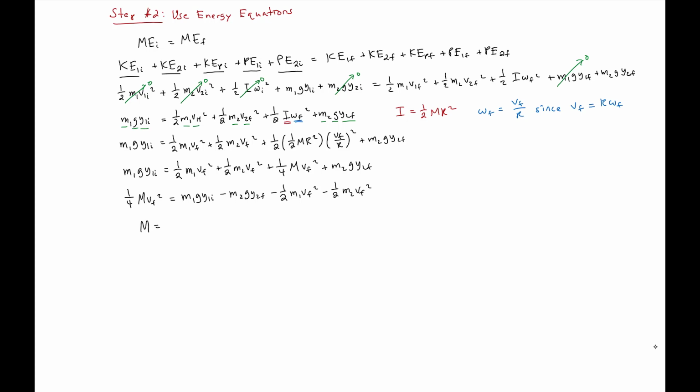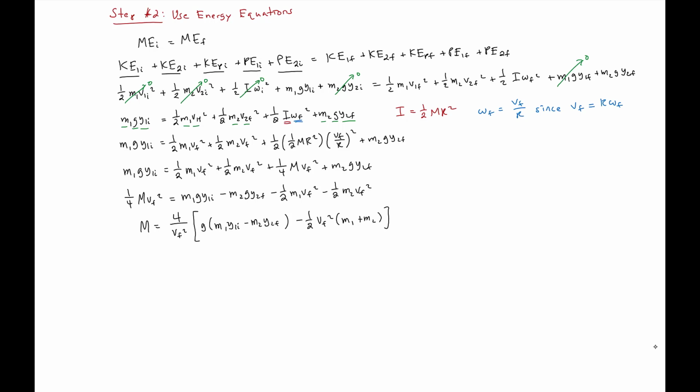So M is going to be equal to 4 over vf squared of, we can factor out g from the first two terms to get m1 y1i minus m2 y2f, and we can also subtract 1/2 vf squared from m1 plus m2.